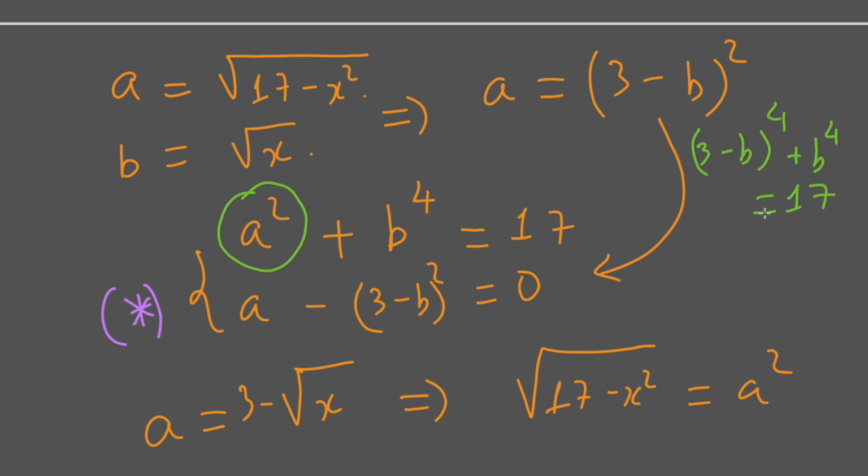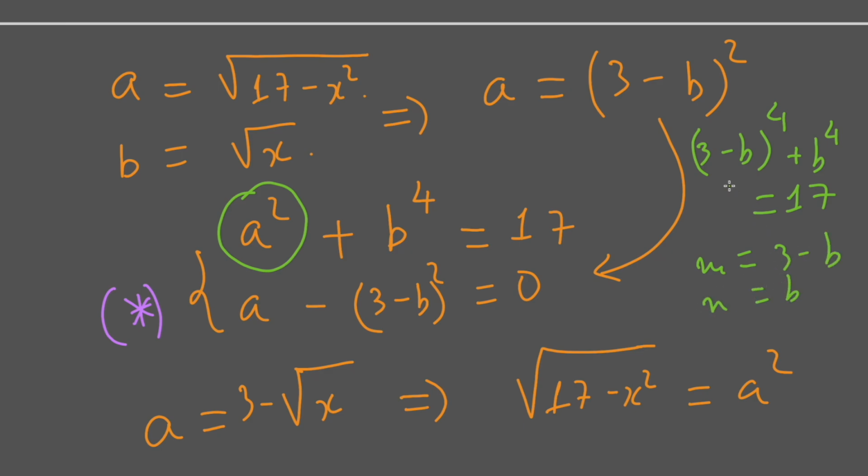When you expand it, you will have an equation with power of 4, and you can continue to put a substitution of the substitution. In this case, you can put m equal to 3 minus p, and n equal to p.